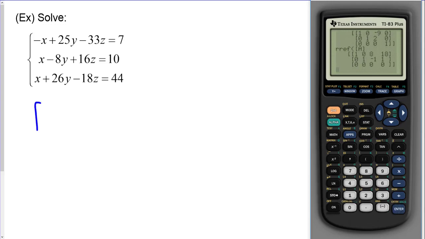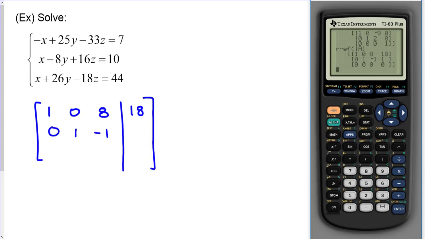I come up with 1, 0, 8, and 18 for the first row, 0, 1, negative 1, 1 for the second row, and the last row is all zeros.